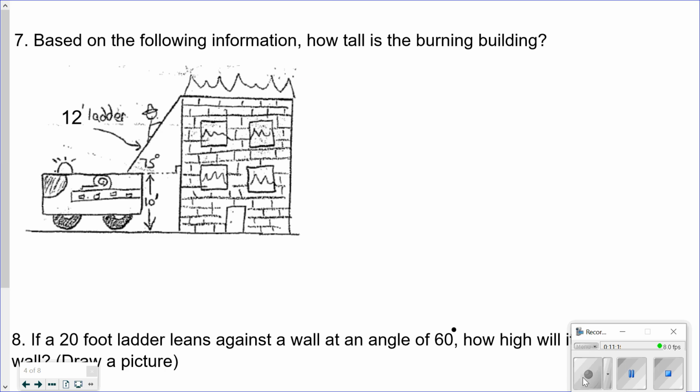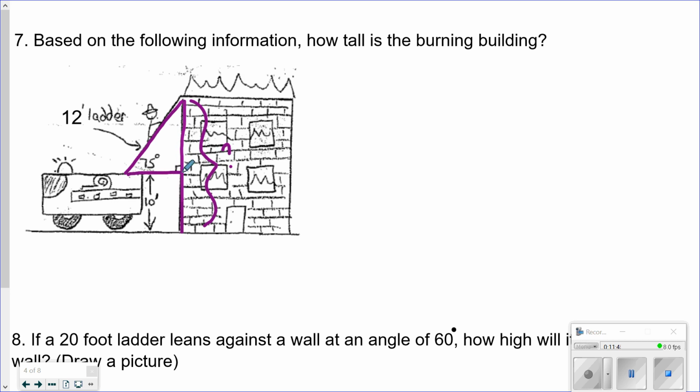So here are the last two problems, and they're both word problems. Based on the following information, how tall is the building? All right, so if I look here, this is the building. So I'm trying to figure out how tall is this entire building. Well, if I look at the firefighter, he's on a ladder. And this ladder makes a 75-degree angle with the fire truck.